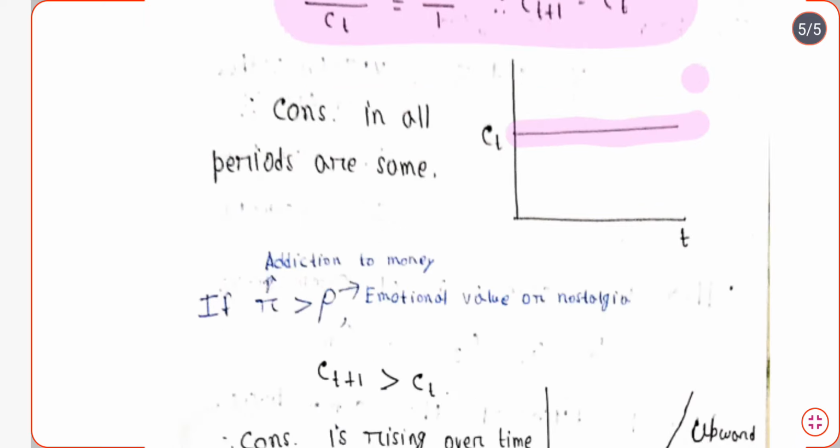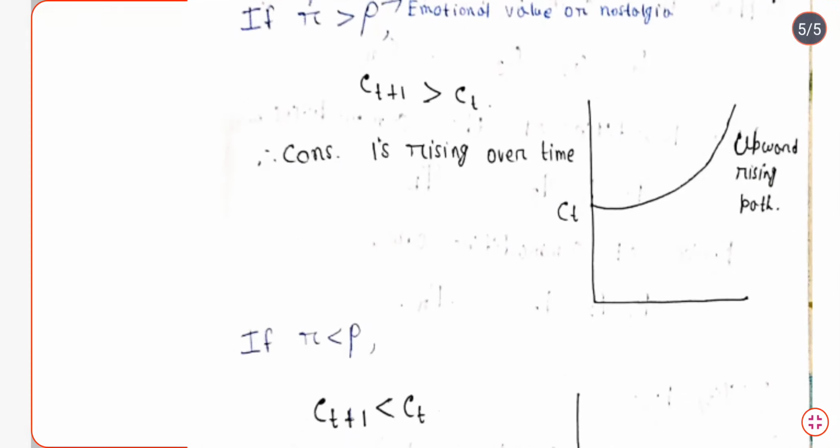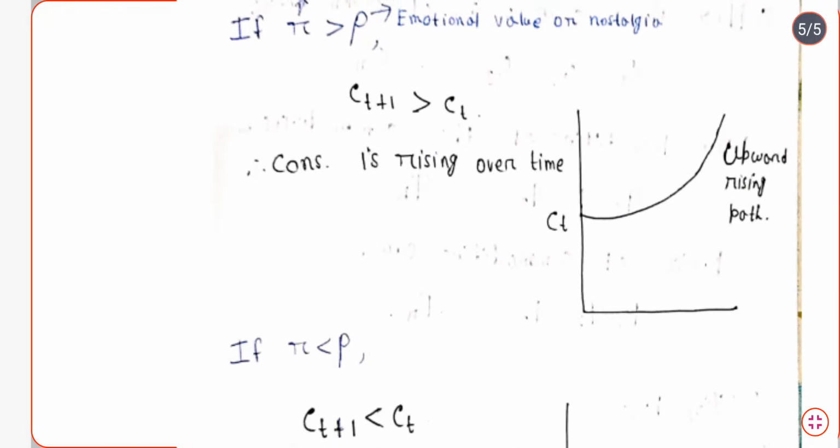Next, if R is greater than rho, that means the rate of interest is greater than rho. In this type of case, when the rate of interest is greater than rho, you will be much more attentive towards your future. You really want to consume more in the future period, and you want to consume less in the current period.